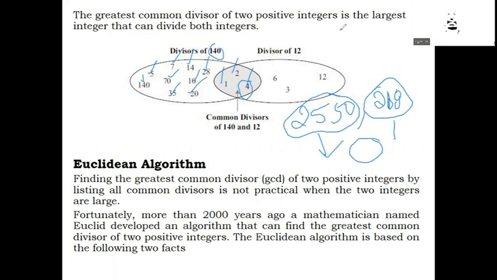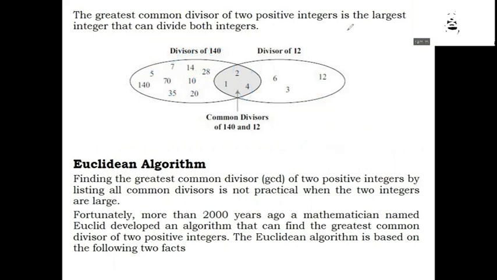So if you want to find the GCD of two large numbers, a scientist called Euclid developed an algorithm to find the greatest common divisor of two positive numbers. Consider two large positive numbers. In the Euclidean algorithm, Euclid has given us two assumptions.